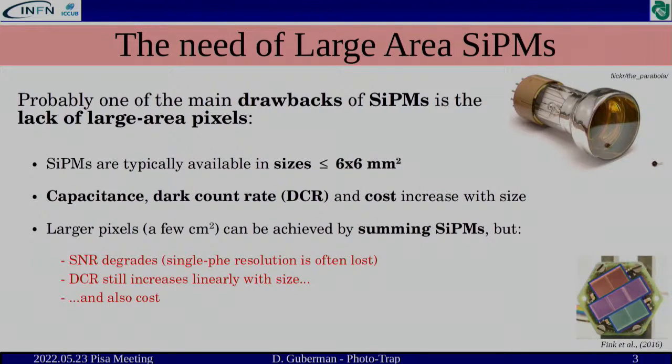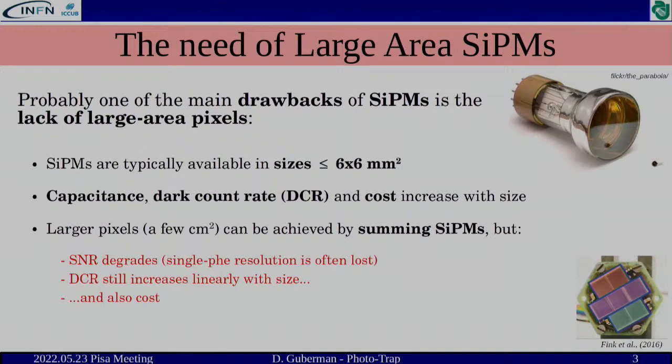As many of you may know, silicon PMs are rarely commercially available in sizes larger than 6 by 6 millimeters square, and the reason is that capacitance and also dark rate increase with the area. This is a problem when you want to go for large experiments, or in general when you need to collect light over a large detection area, because if you need many silicon PMs, then your cost and the complexity of your readout increases significantly.